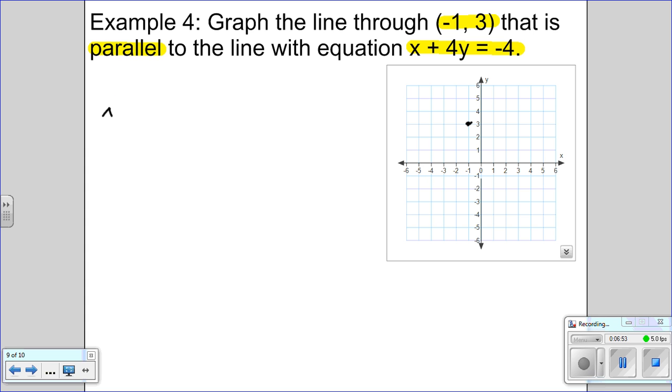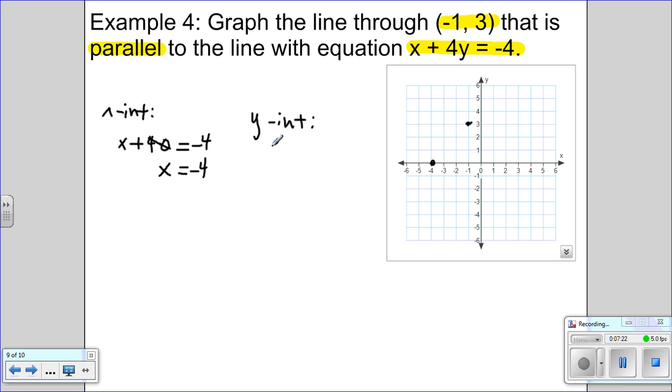So to find the x-intercept, you can plug in y equals 0. So the equation looks like this. And 4 times 0 is nothing, so you get x equals -4. Okay, so this line has an x-intercept of -4, and let's find the y-intercept.